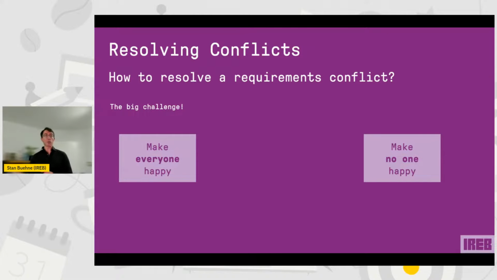Another way of dealing with conflict is to say, hey, I can make no one happy. We need to stick to a certain solution, and there is no way out. I cannot really serve both parties with the solution I'm going for.